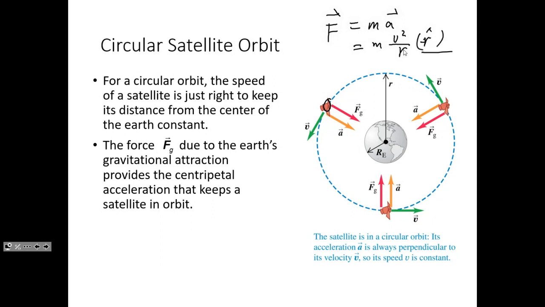So let's use this one to represent the direction pointing to the center of the Earth. And it has to be given by the gravitational force. The only force acting on the object is the gravitational force, so it must be G, mass of Earth, mass of the object, over the distance of the object to the center of the Earth squared. So this is the equation dominating all satellites.